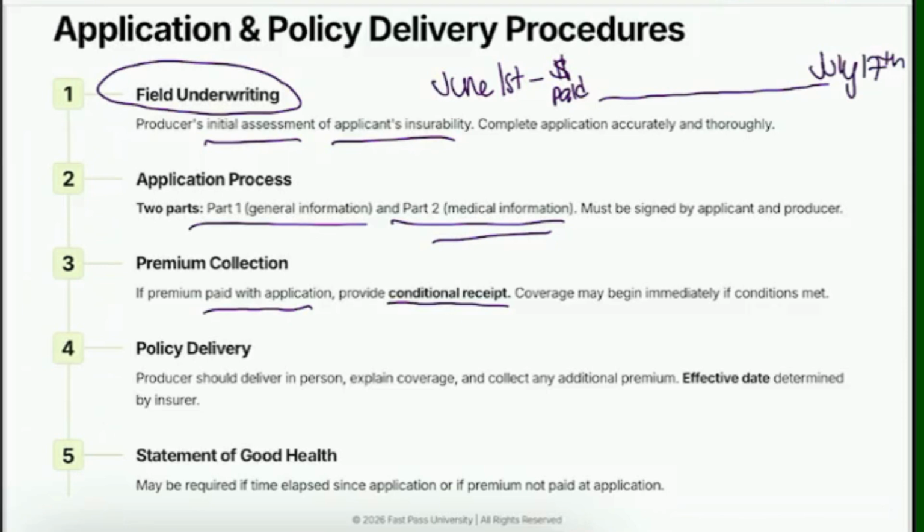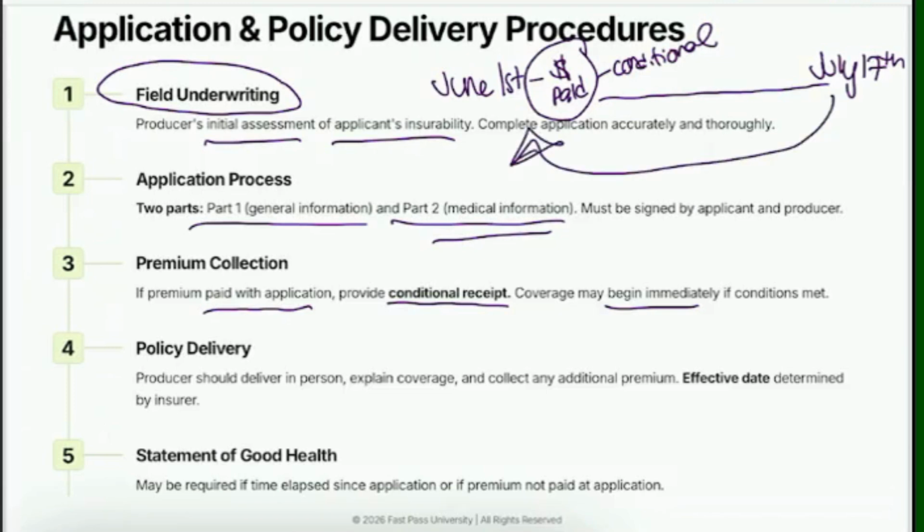If that premium was paid, which is why you must give a conditional receipt saying this policy will begin immediately, not really, right? It hasn't actually gone through those conditions yet. You haven't met your medical, it hasn't been approved by underwriting yet. But if it does get approved by underwriting and you did provide that conditional receipt, they're going to say that, okay, that policy began on June 1st.